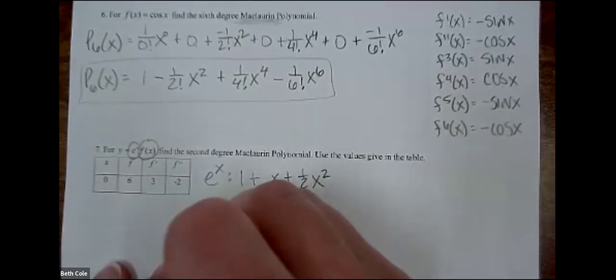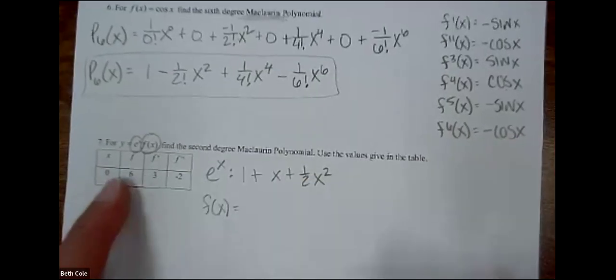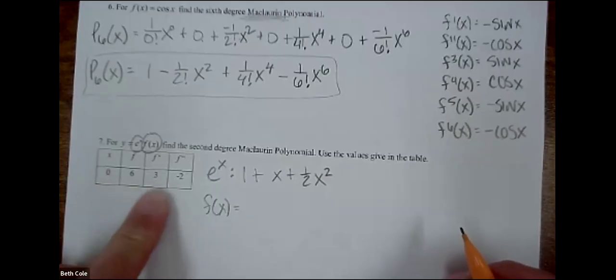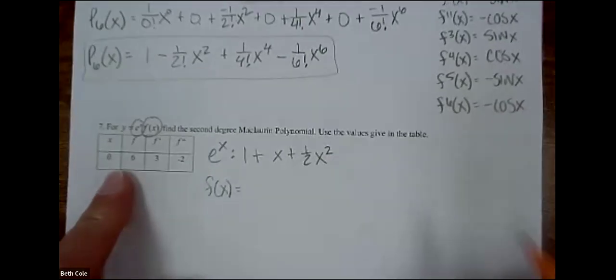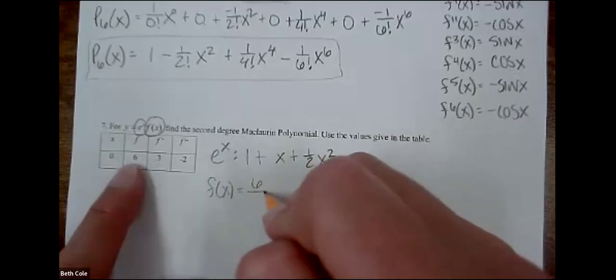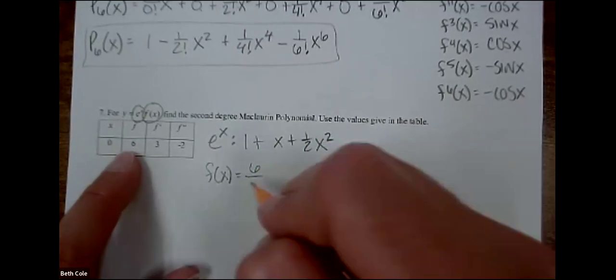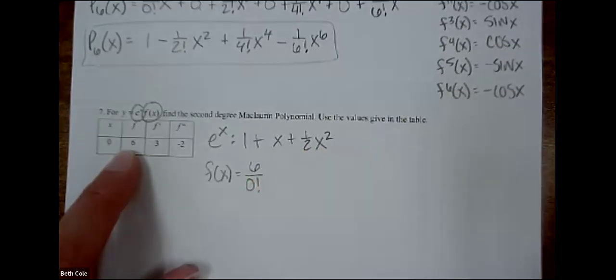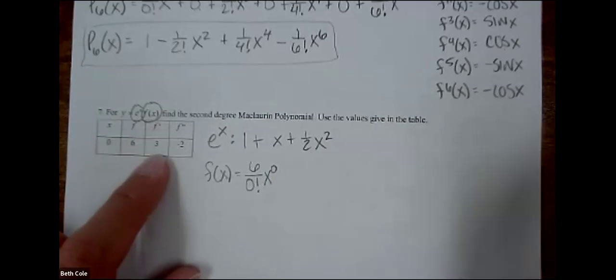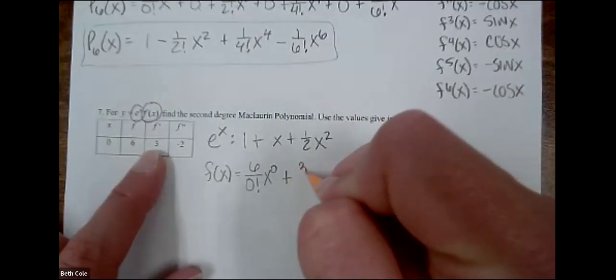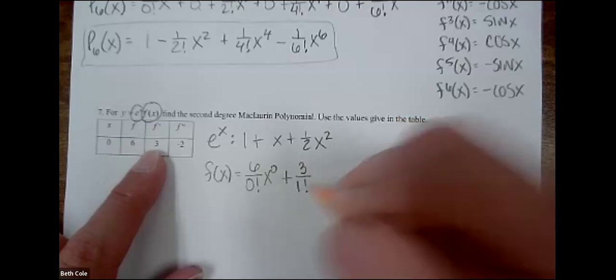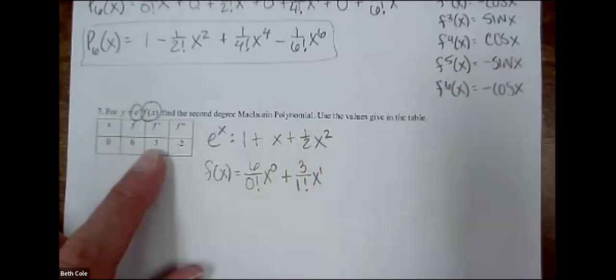Now, for f of x, we're going to use these numbers right here and do our pattern, all right? So it would be 6 over 0 factorial x to the 0, cool. And then the next one, first derivative is 3, so it'll be plus 3 over 1 factorial x to the 1.